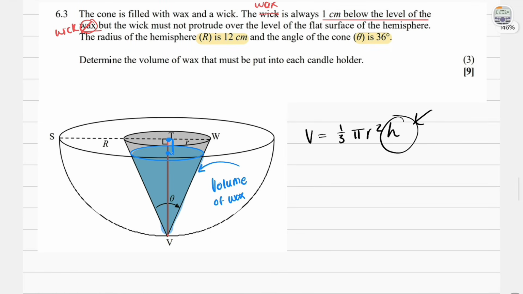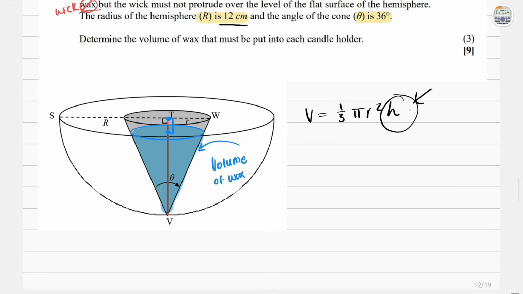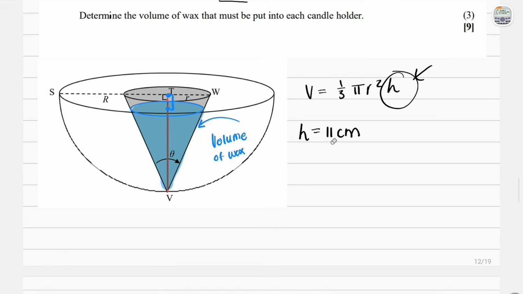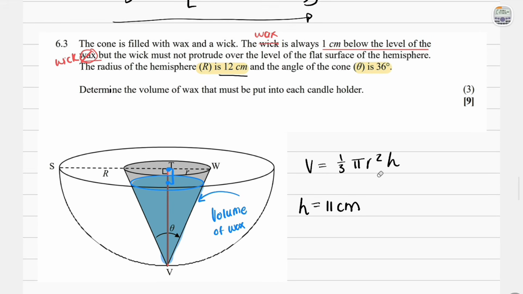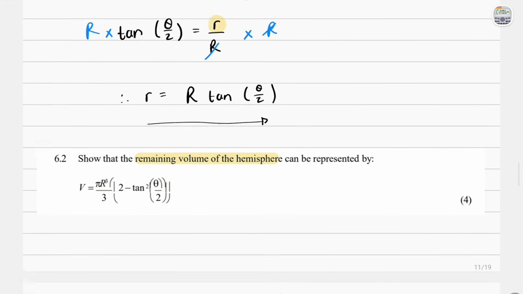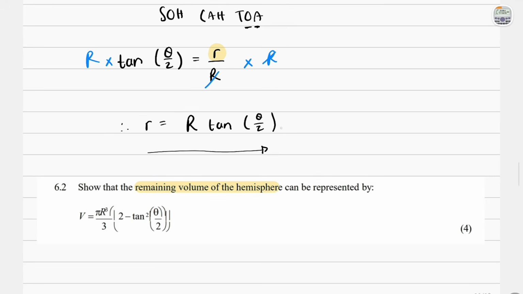So we knew that the height TV, R, is 12 centimeters. That would mean that this height that we are going to refer to is going to be 11 centimeters. That's the only difference that we have here. So we will still say we need to find H and we also need to find r. They gave us big letter R, not small letter r. But here's the thing, you see that in the first question, we had this, okay?